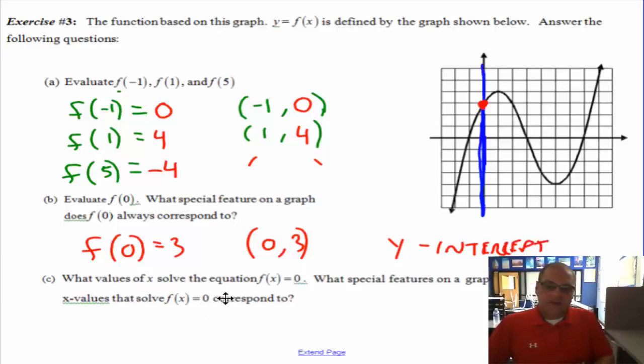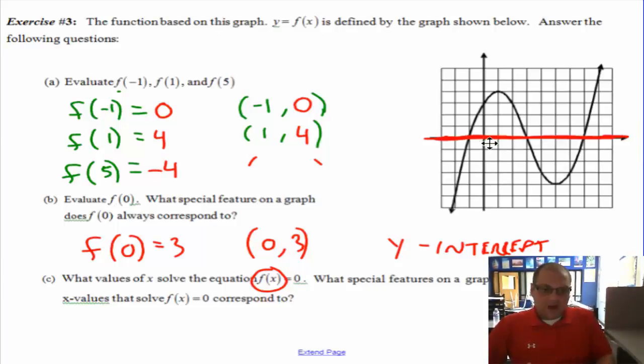Solve the equation f of x equals 0, or find what values of x. F of x is the y, so the y now equals 0. Where does y equal 0? Well, y equals 0 on the x-axis. This is where y equals 0 because you're not going up or down. It's level. It hits a few different points.